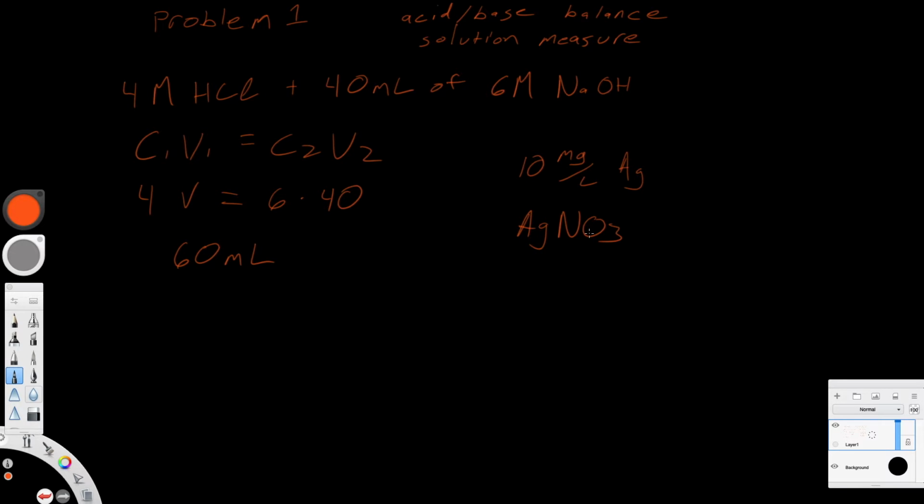And so obviously you can't just weigh out like 10 milligrams into a liter and get 10 milligrams of silver, right? Because you need to look at the molecular weight between the two to see how much more silver nitrate you're going to need to get 10 milligrams per liter of silver. So hopefully that makes sense.